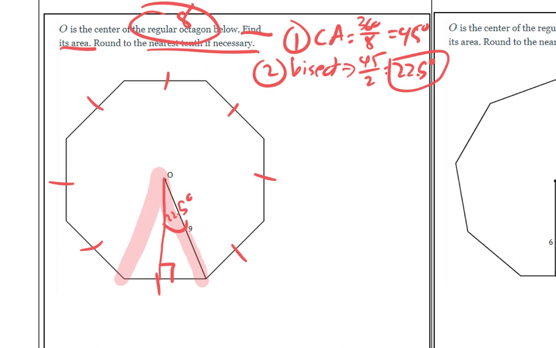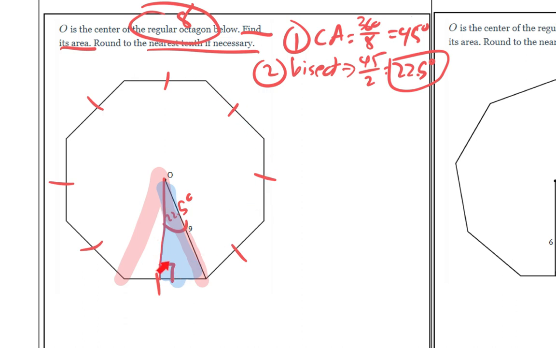If we want to find the area, though, let's do this. If we want to find the area of the whole thing, here's what we're going to do. We're going to find the area of this triangle, and then we're going to multiply it times 2 to find this. Then we're going to multiply that times the number of sides to get the whole thing.